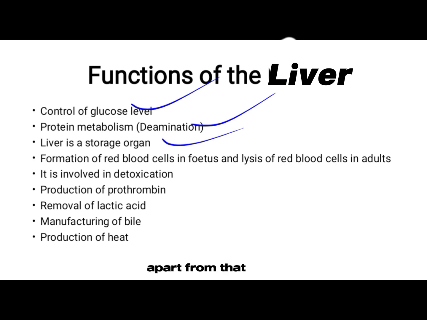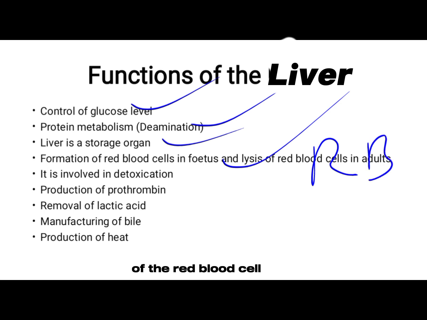Apart from that, next is that the liver helps in formation of red blood cells in the fetus and lysis of red blood cells in adults. In the fetus, that is the unborn baby, the liver is responsible for the formation of red blood cells, because the fetus doesn't have a strong bone, so the bone marrow cannot manufacture the blood.